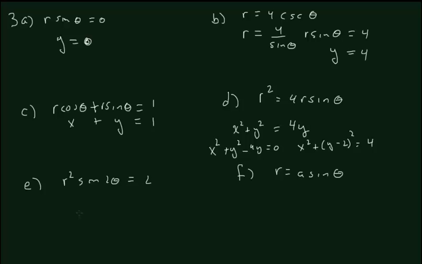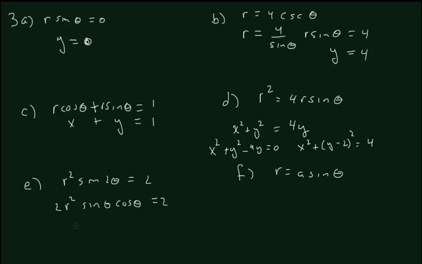Okay, moving down to E, where we have r squared times the sine of 2 theta equals 2. Okay, so I'm going to employ an identity. So r squared, and then the sine of 2 theta is 2 sine theta cosine theta equals 2.